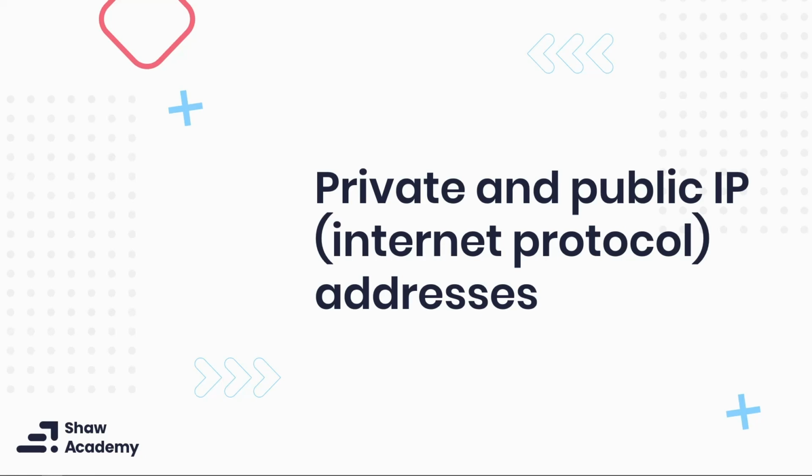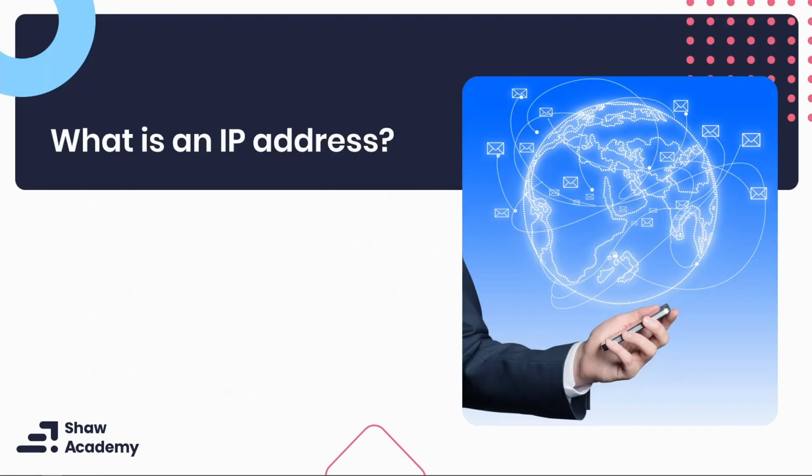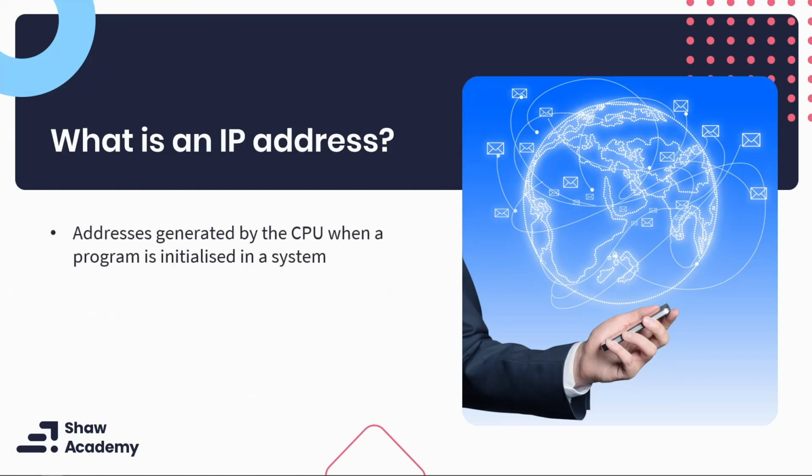In this section, we will be looking at private and public IP addresses. But let's start at the very beginning. What is an IP address? The addresses generated by the CPU when a program is initialized in a system are referred to as logical addresses. They are not physical, but are created for management purposes.